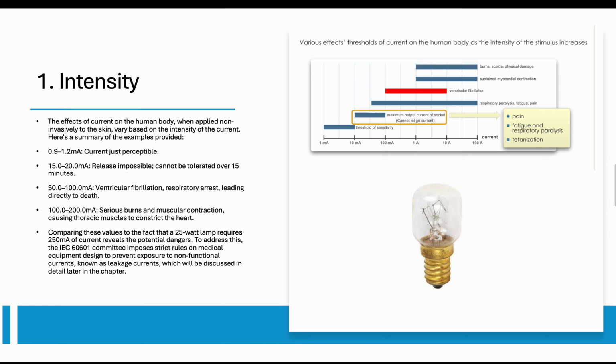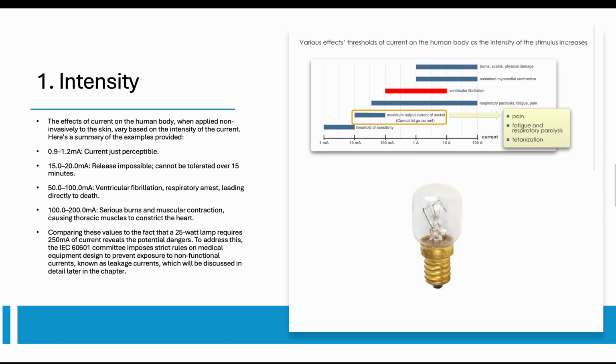And if you consider this in relation to everyday appliances, to power a simple 25-watt lamp, we need 250 milliamps of current. And if you compare that to the range that we just spoke about, it's fairly high. Just see that picture there, to power up that lamp, it takes around 250 milliamps.